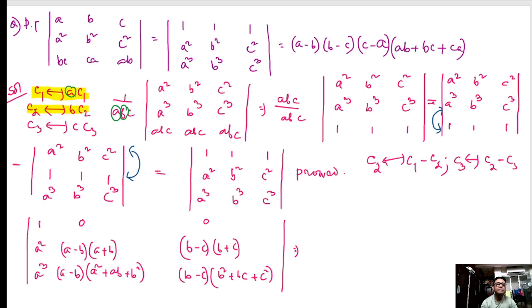And next, we have to multiply the column C3 with C and adjust with C. So here we are multiplying this column with C, and it becomes this.